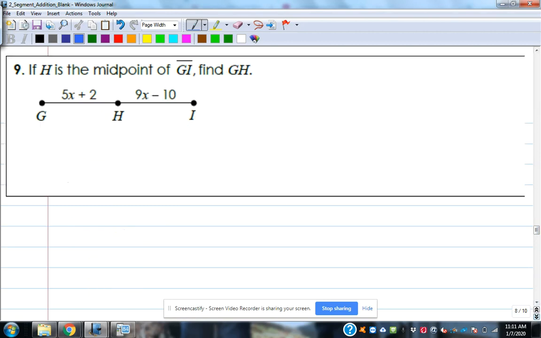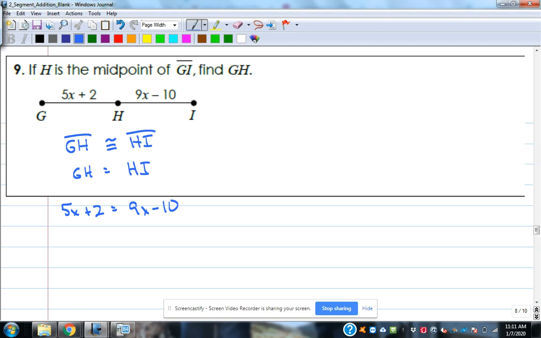Let's look at 9. If H is the midpoint of segment GI, then find GH. So if H is the midpoint, we know that GH is congruent to HI, and that would mean GH is equal to HI, and that would mean that 5x plus 2 is equal to 9x minus 10.